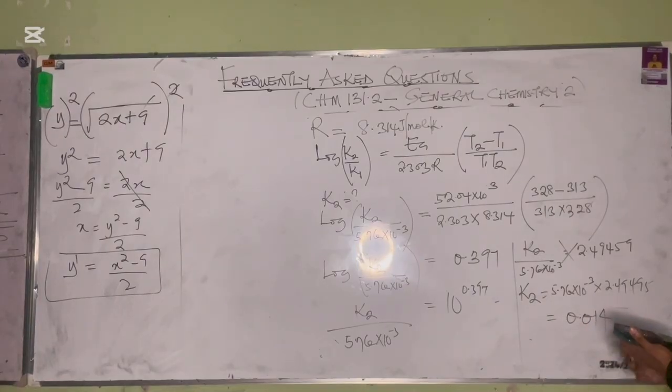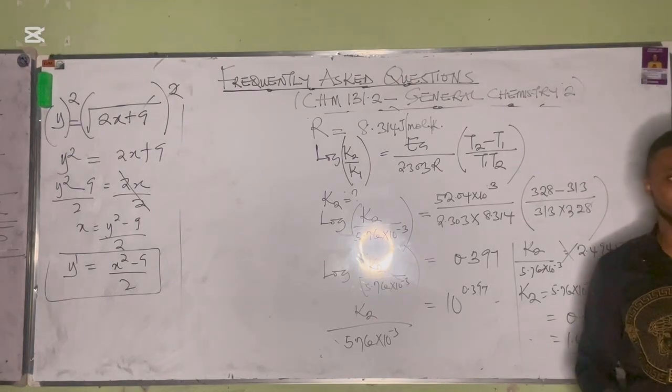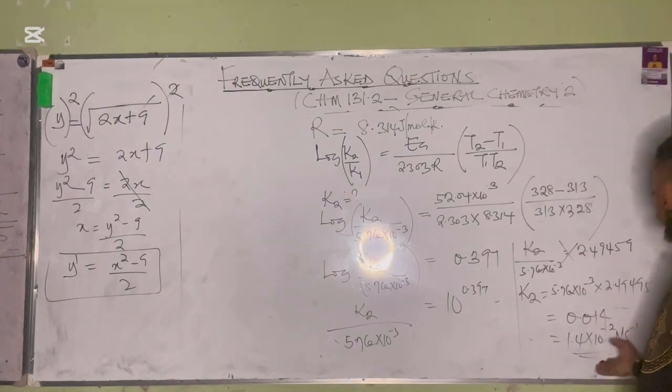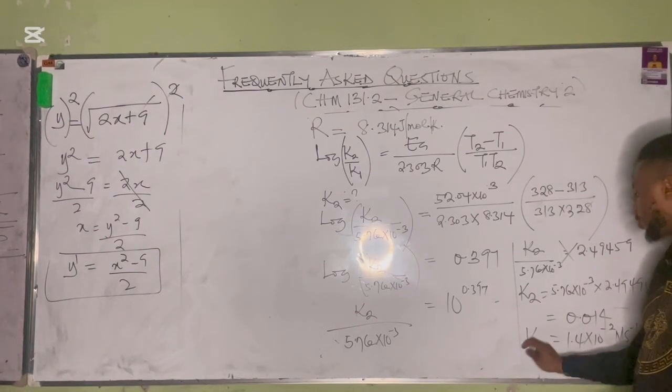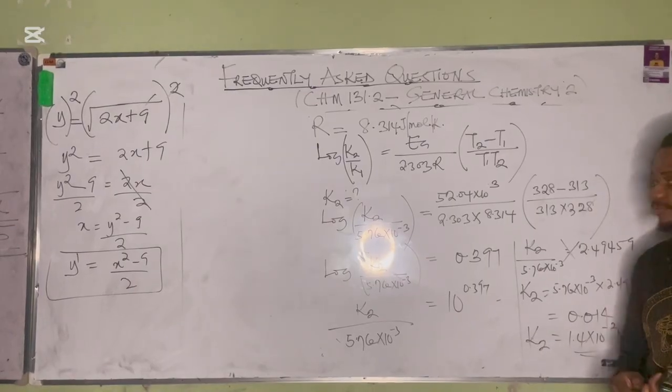Okay, 0.014 will be our answer, which is 1.4 times 10 raised to power minus 2. And of course, the unit is molar per second or mole per liter per second, since we are looking at rate constant. So basically, this is our K2 for this reaction, all right?